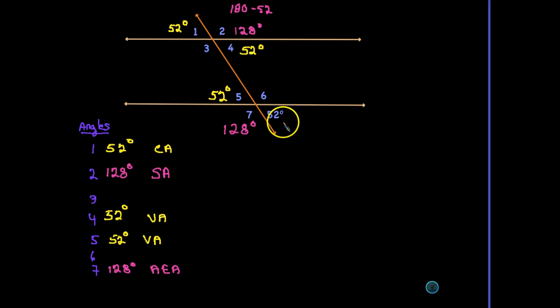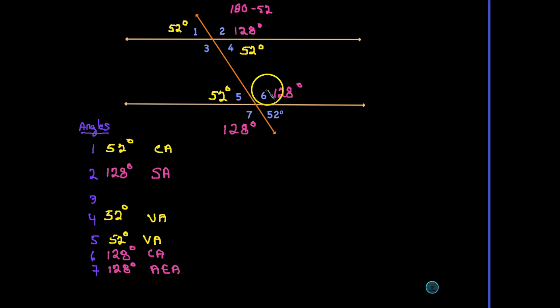Great. All right. Let's look at angle 6 and angle 2. Those are corresponding angles. So angle 6, we know, also has to be 128 degrees. So I'm going to write 128 here. Those are corresponding angles.